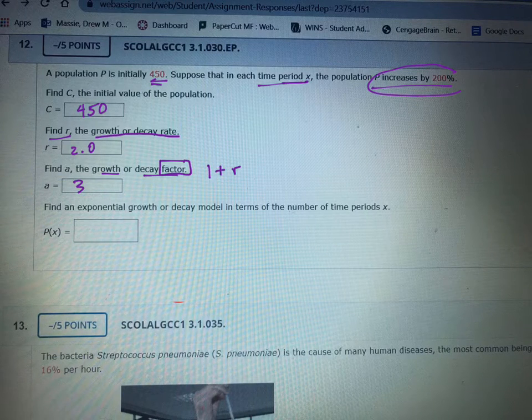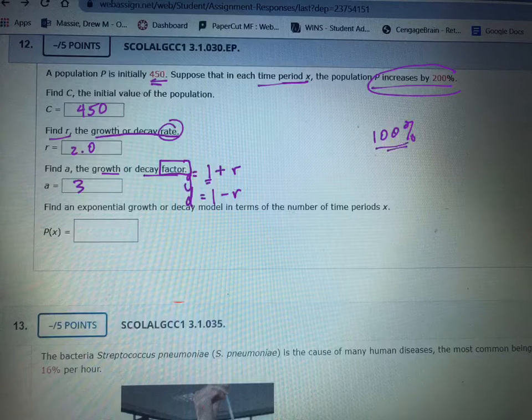So again, let me explain that maybe a little bit more clearly. A growth factor is going to be 1 plus whatever your growth rate is. A decay factor would equal 1 minus whatever your decay rate is. So if I said that it was increasing by 100%, if the rate of increase was 100%, what would that mean?